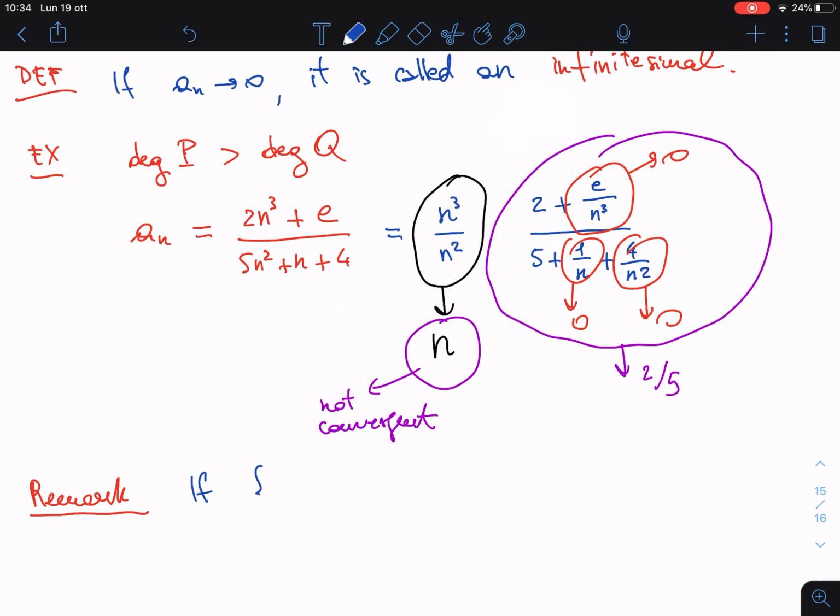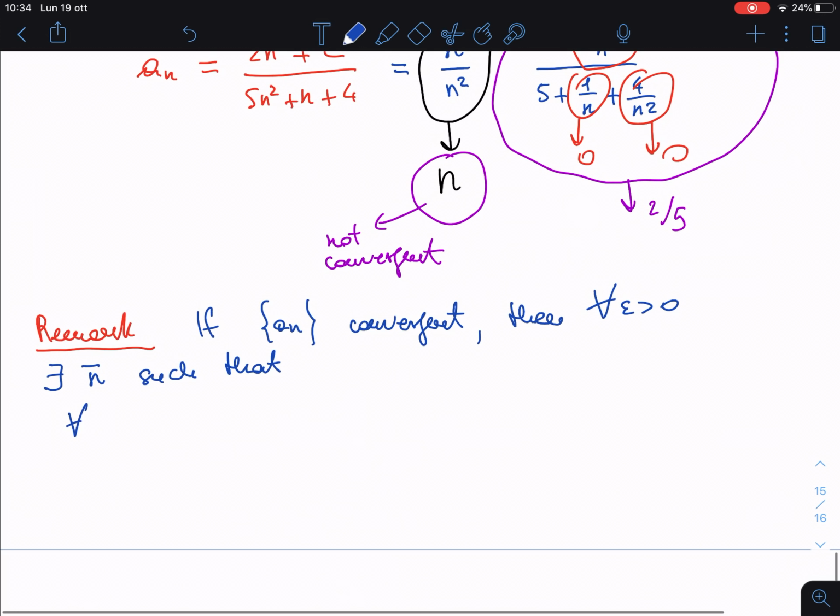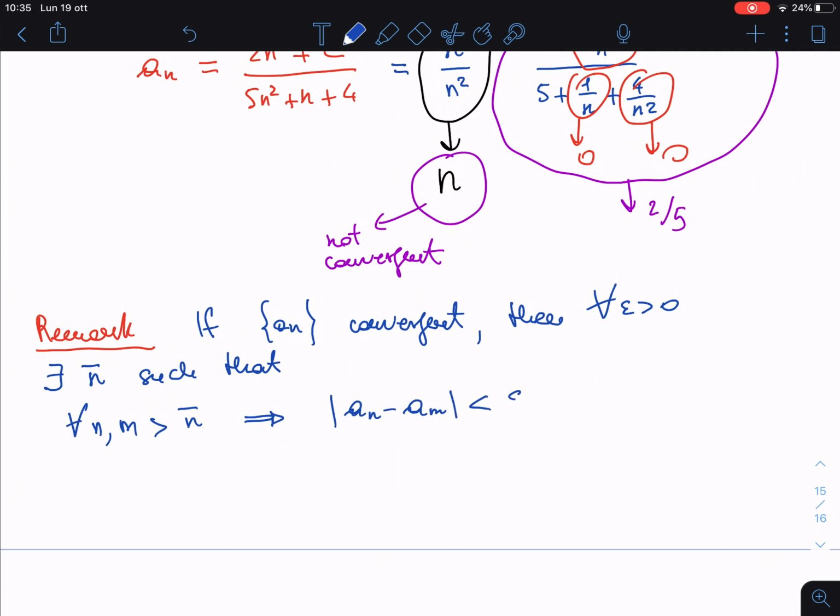If a_n is a convergent sequence, then for every epsilon larger than 0, there exists an n bar that depends on epsilon such that for every couple of indexes n, m larger than n bar, we have that the absolute value of a_n minus a_m is less than epsilon.